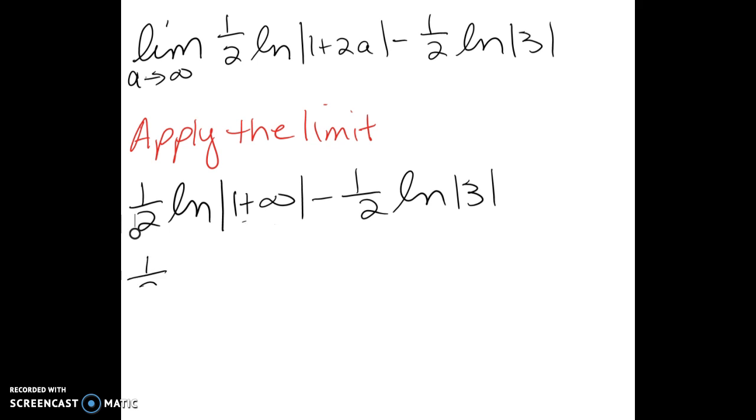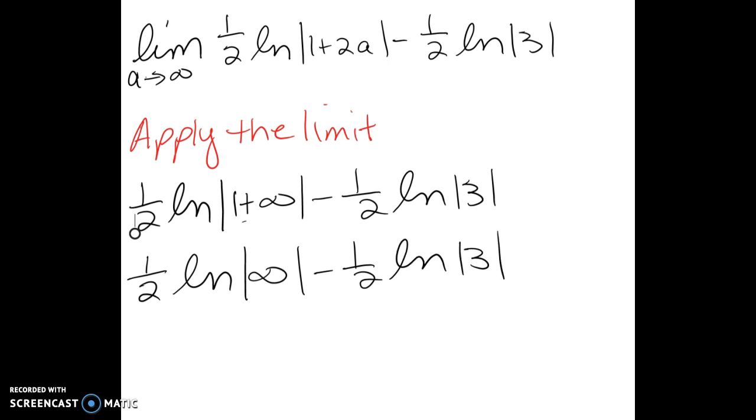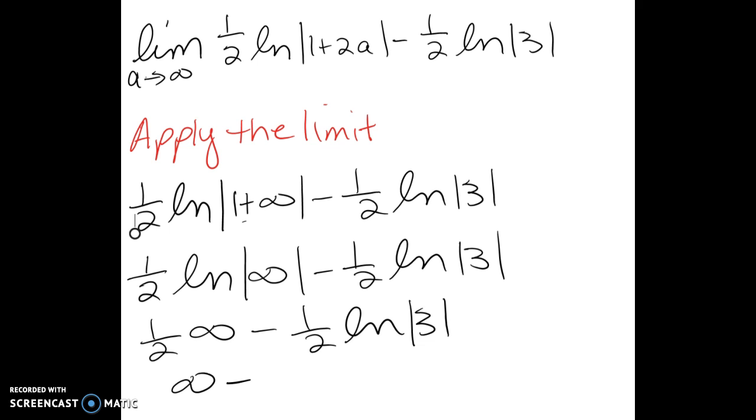So I get 1/2 natural log of infinity minus 1/2 natural log of 3. The natural log of infinity is infinity, and 1/2 times infinity is infinity, minus 1/2 natural log of 3. The 1/2 natural log of 3 is nothing but a number, so infinity minus some number gives you infinity.